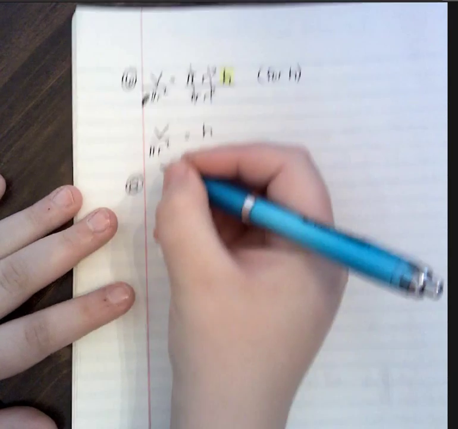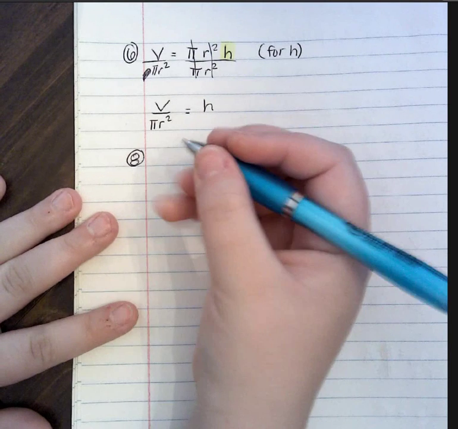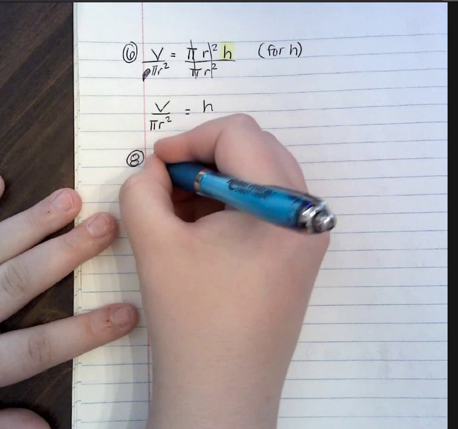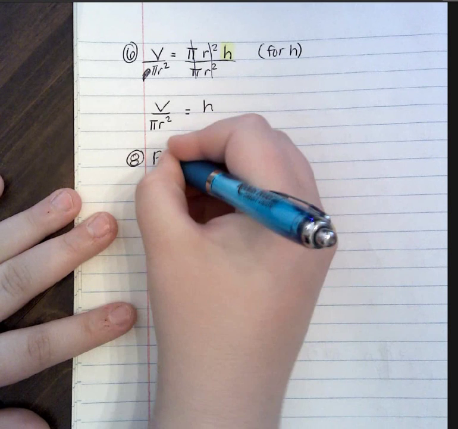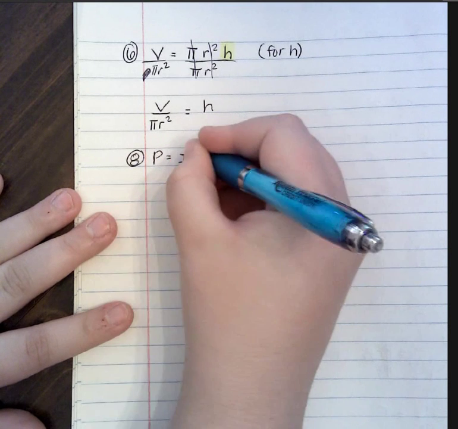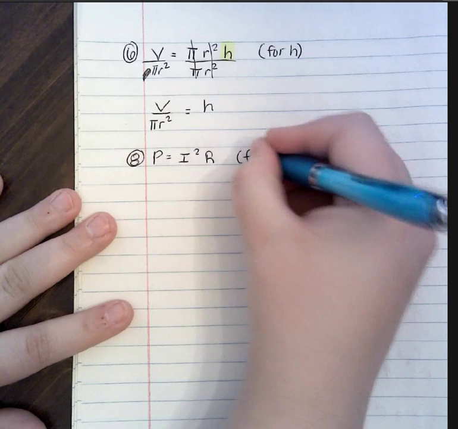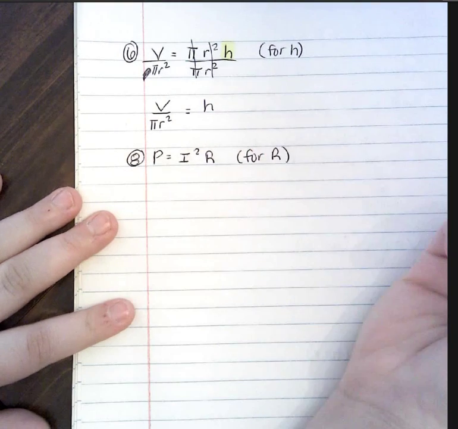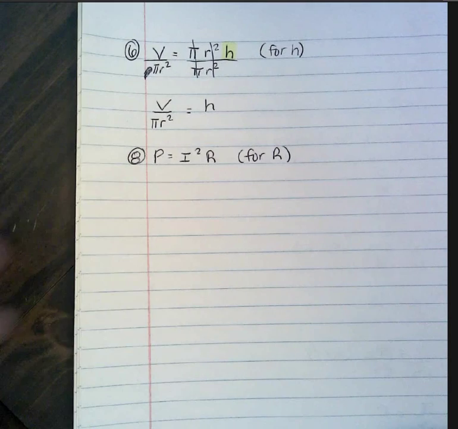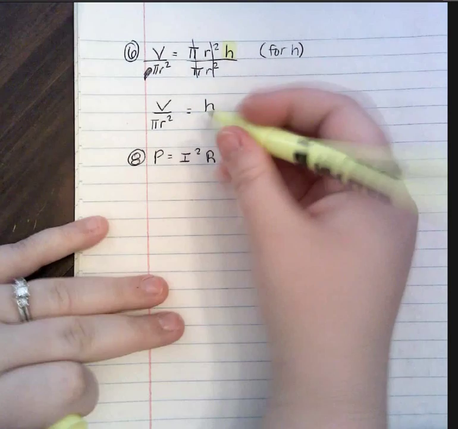Moving on to problem number 8, we have p equals I squared r, and they want us to solve for r. So look and see what's being done to that r.